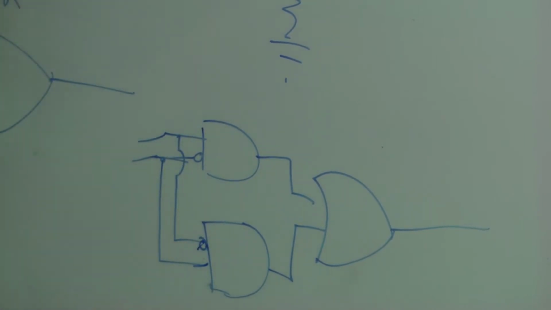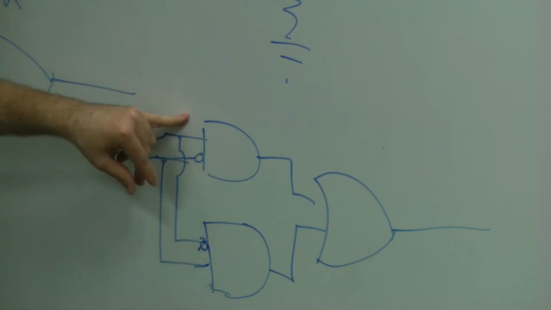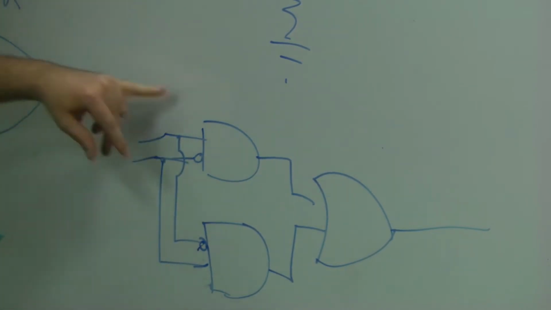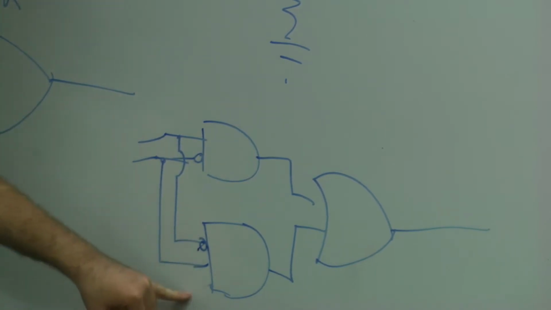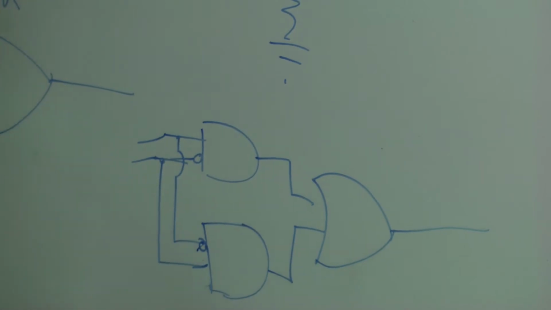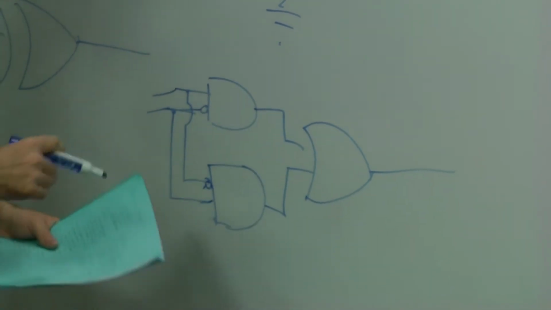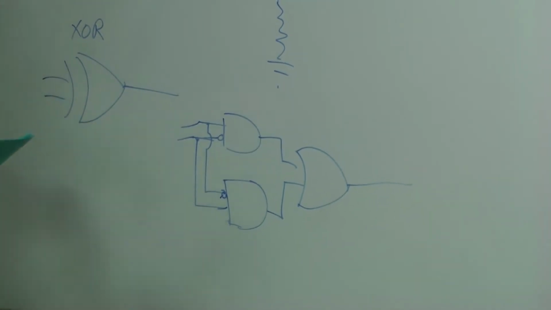So basically, you take the NOT of the A and the true A and then the false B, or the false B and the true A, and then you OR those together, and that gives you the result. But this circuit is really difficult to simplify, but it turns out to be really important for doing addition as well.